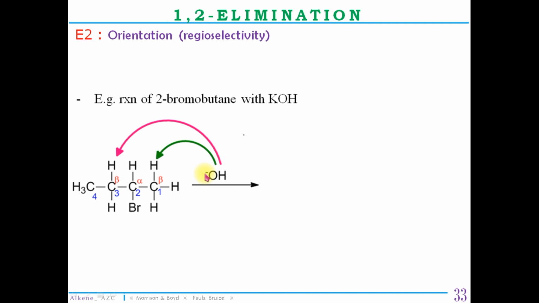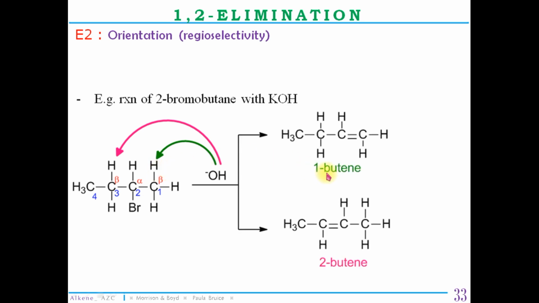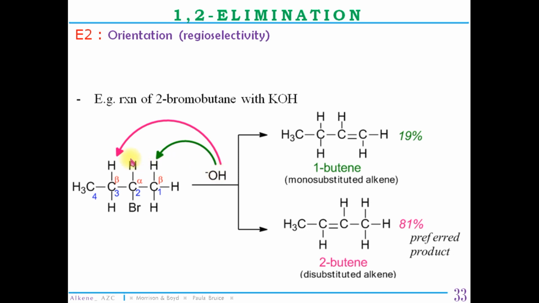If the base abstracts hydrogen from carbon number 1, you get 1-butene as product, and if the base abstracts hydrogen from carbon number 3, it will form 2-butene. Practically both products are formed, but 1-butene is formed with 19% yield and 2-butene is produced with 81% yield.